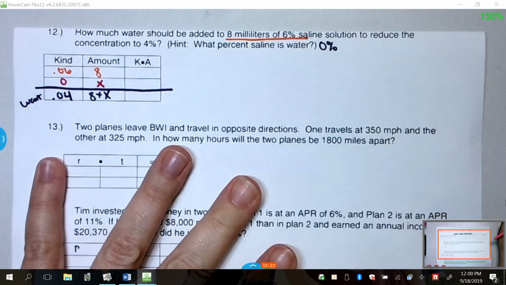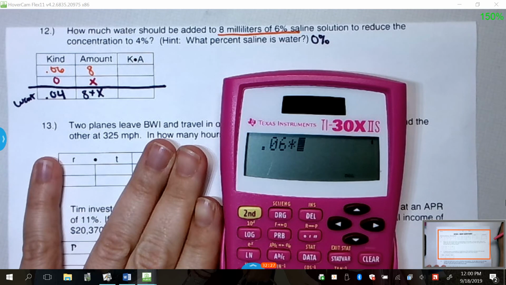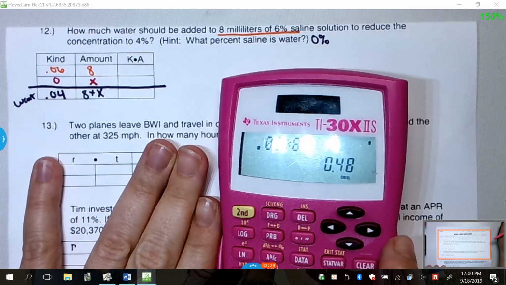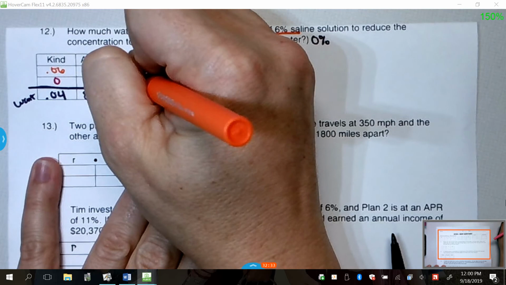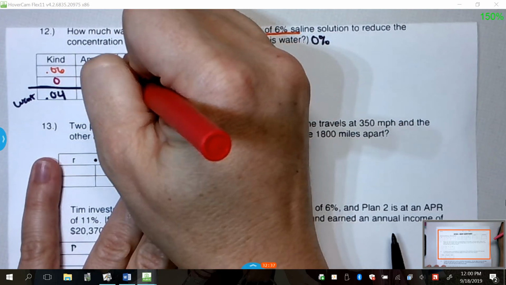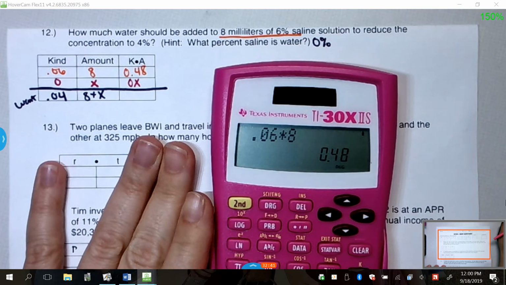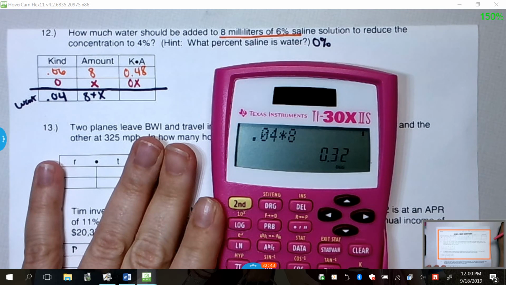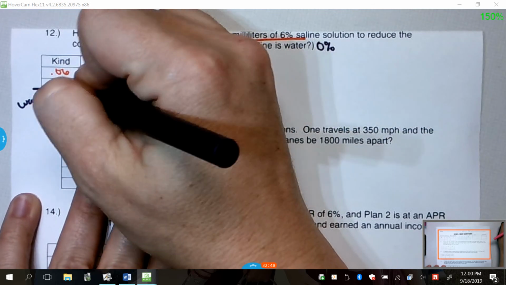So when I multiply, you get 0.06 times 8, which is 0.48. 0 times x is 0x, and then 0.04 times 8 is 0.32. Just remember we're distributing.